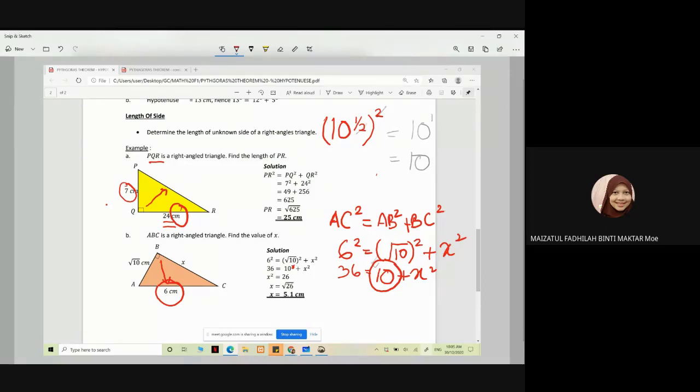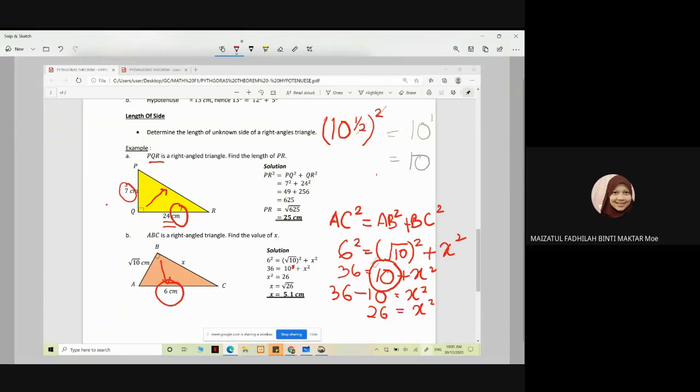So please do a correction. Don't have 10 square there. So this one, 36 minus 10. Why? We want to find x square, right? So the value of 10, you bring to the other side. This is plus, bring to the other side, it becomes minus, equals x square. 36 minus 10, you will get 26, equals x square.